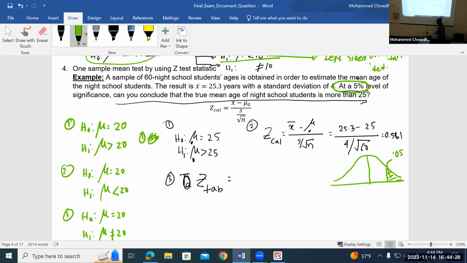Do you understand why I put 5% on the right side? At 5% level of significance, can you conclude that the true mean age of 90 school students is more than 25? Why did I put this 5% in here? Who can answer my question?